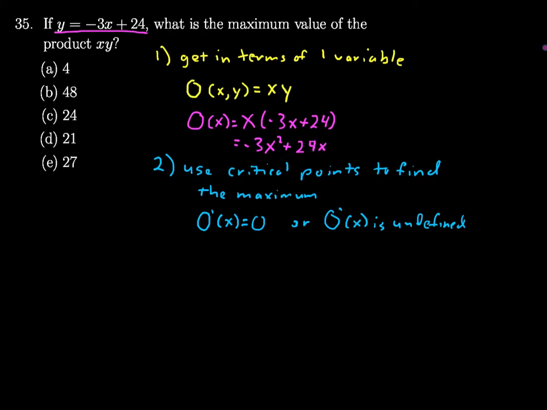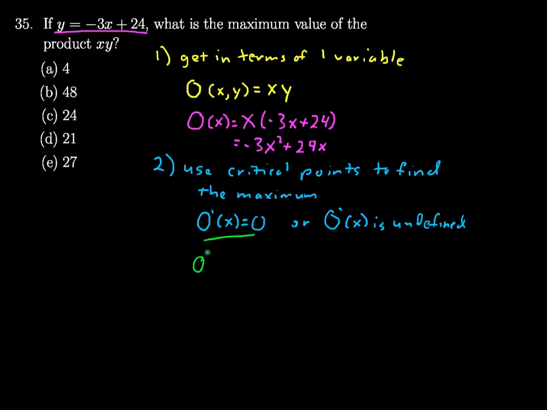Now we go down here, and we're trying to take the derivative and find where it's undefined. Well, this is a polynomial. The derivative will be defined everywhere. It's infinitely differentiable. It just gets a bunch of zeros once you take enough derivatives. So we're going to find where O prime, the derivative of the objective function, is equal to 0.